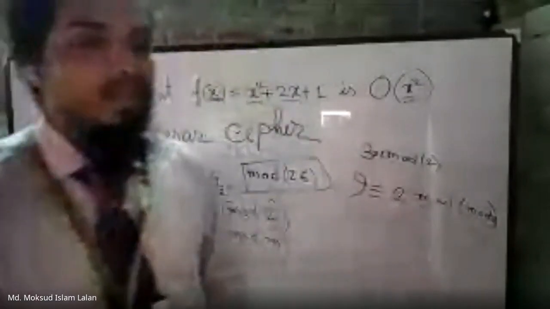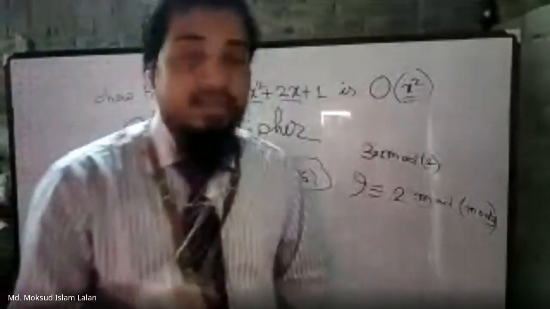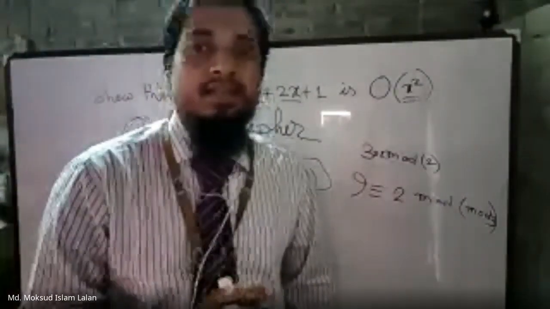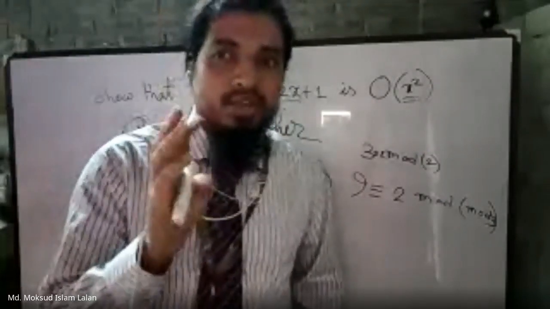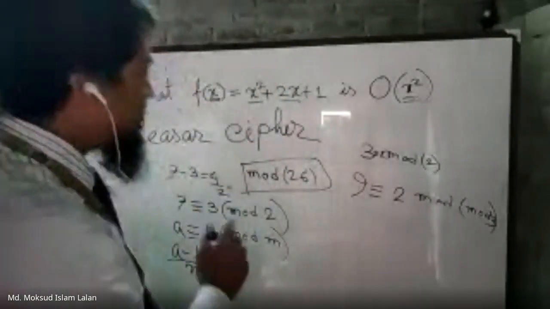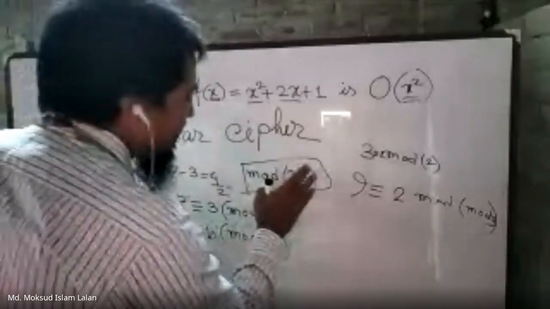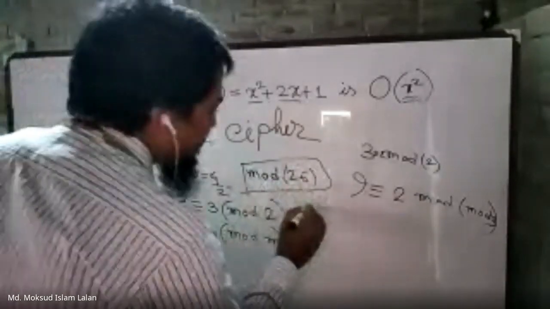Dear student, since there are 26 letters in the English alphabet, Caesar used mod 26 or maybe 25, right?